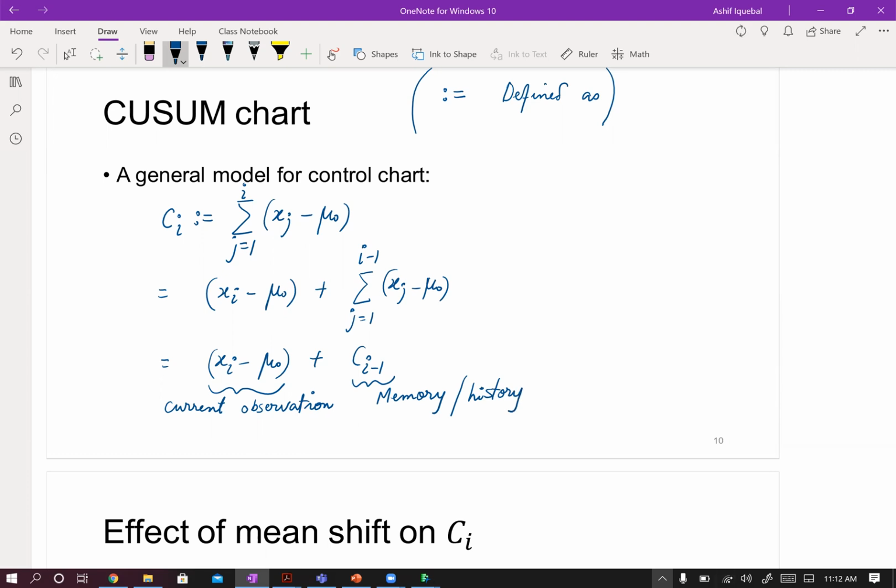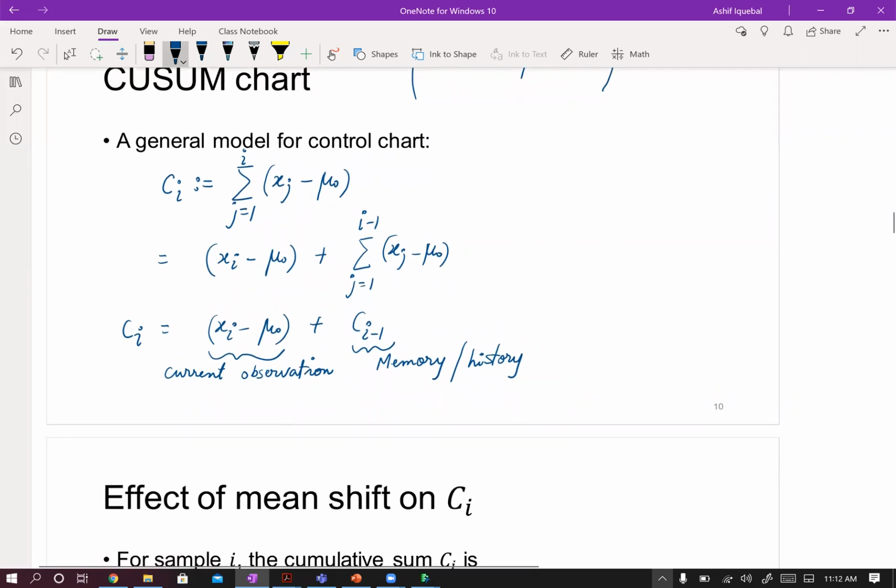So again, observe, Ci for any sample i is nothing but xi minus mu naught, which is your current observation, plus Ci minus 1, which is the memory. Right, so this is a very general model for a CUSUM chart.